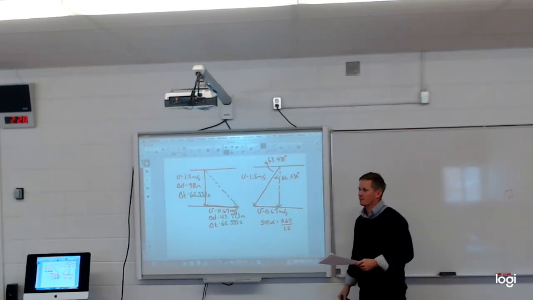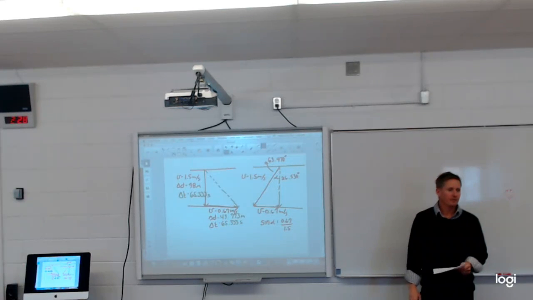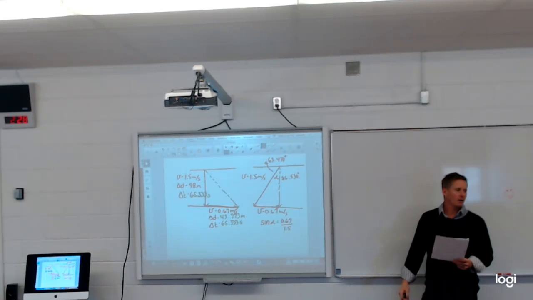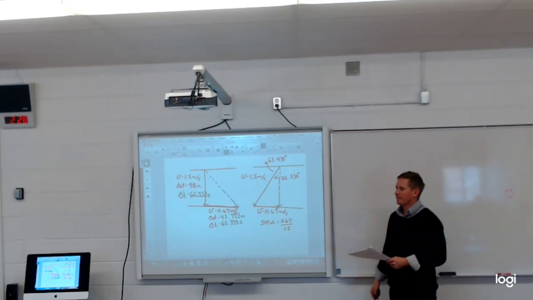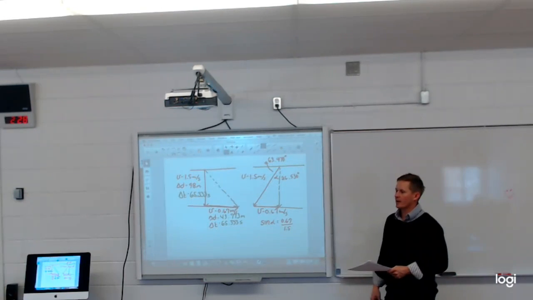That gets you 26.53. And then you need the complement to get the angle that's relative to the shore that you're swimming at. You're going to use inverse sine because you're looking for the angle.